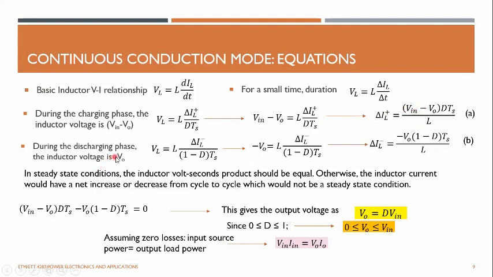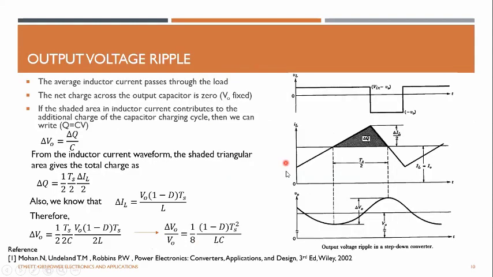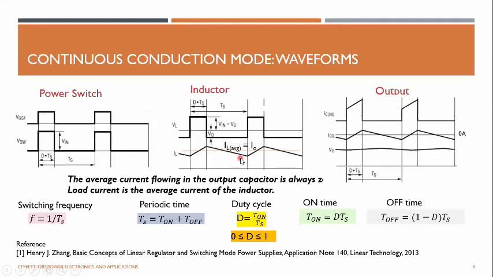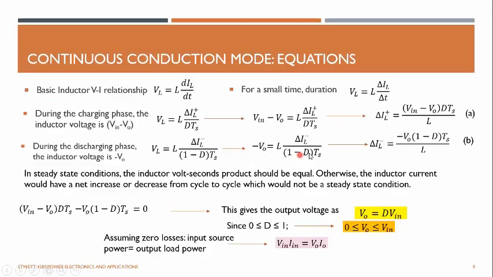In the discharging phase also, the inductor voltage is minus V out. The change of the current is this change, right? That is given by this equation. So in power electronics, we know the inductor has a volt-second balance.